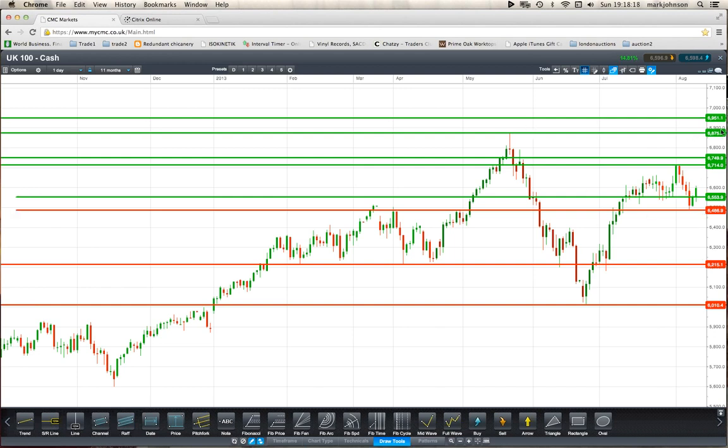And I would do it, rather than copy my levels, do it visually to your chart, whichever platform you're on, because then it will match up when you spread your platform out.